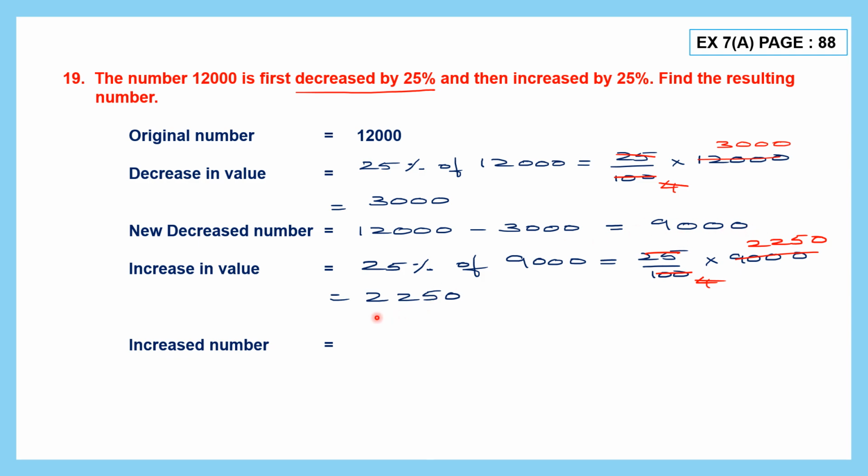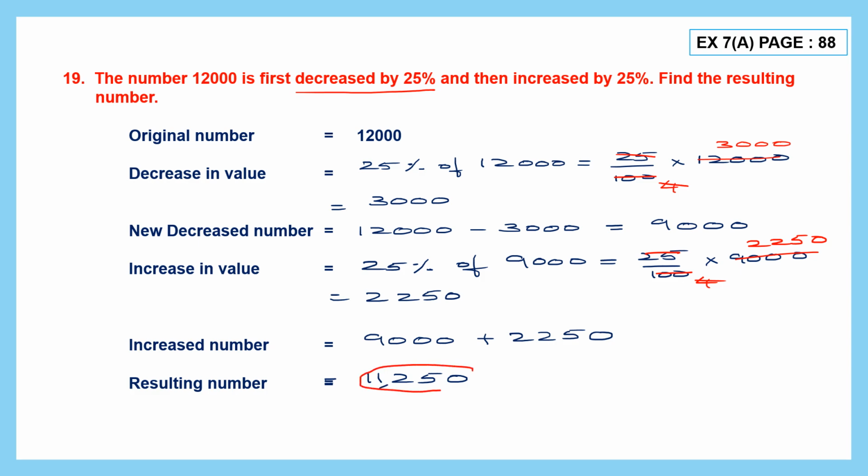In that, the so much has increased. So we can add up these two. So the increased number will be 9,000 plus this increase in value 2,250, and that is equal to 11,250, which is our resulting number. So our resulting number is 11,250, which is our final answer.